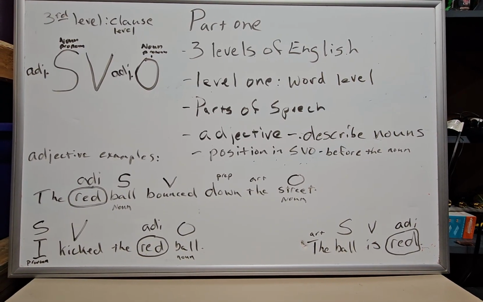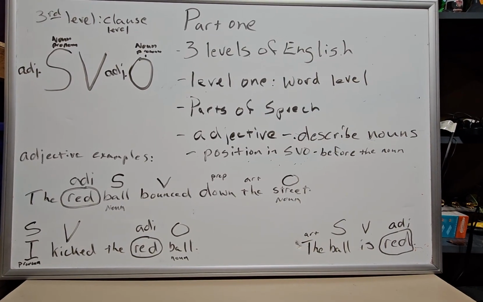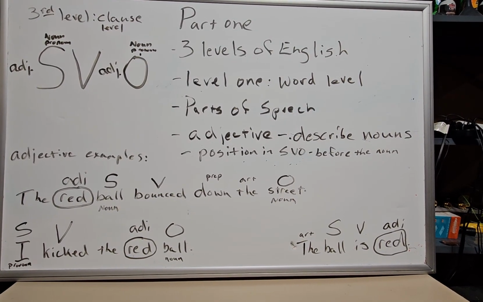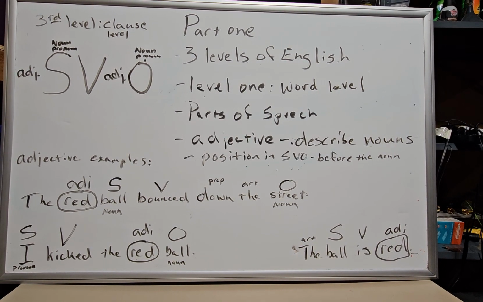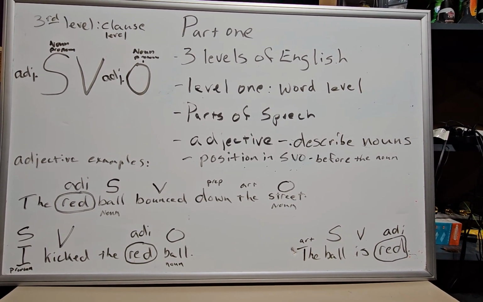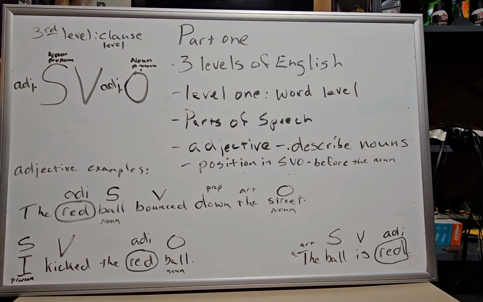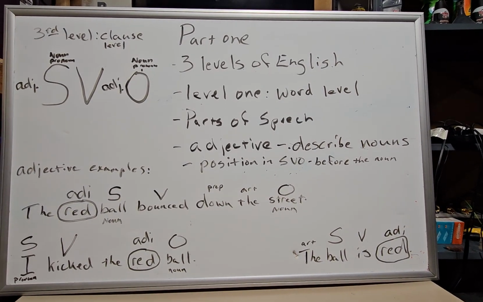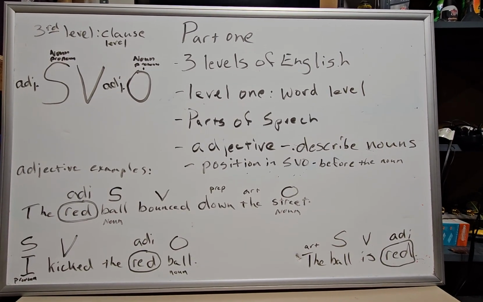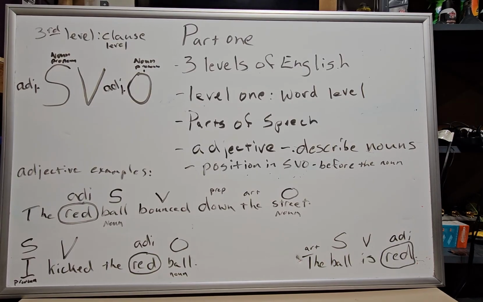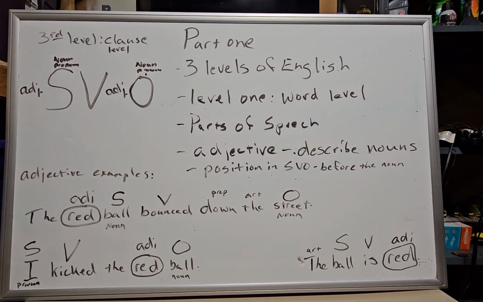We see in this example, the adjective is red, placed before the object noun. And as you see in the upper left-hand corner, this follows that structure nicely. We see the adjective, red, in both examples coming before the subject noun and the object noun.